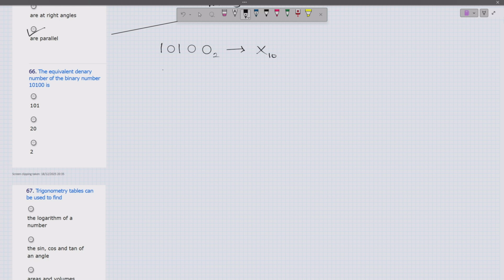You're going to multiply the base by individual numbers and you increase the power successively from 0 till the last digit. So you have 1 times 2, plus 0 times 2, plus 1 times 2.